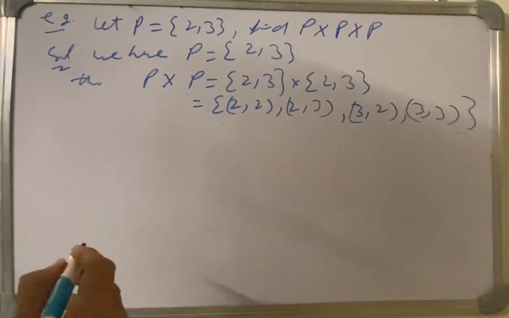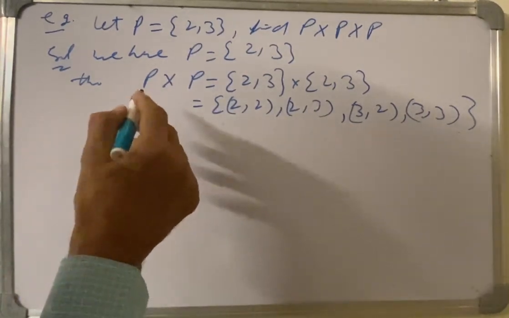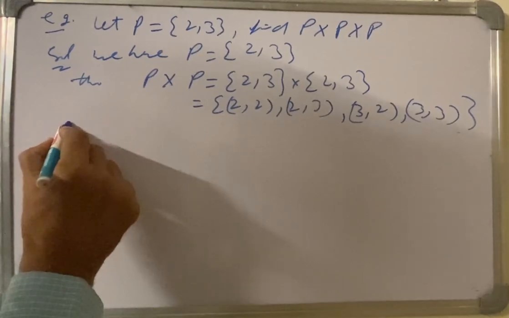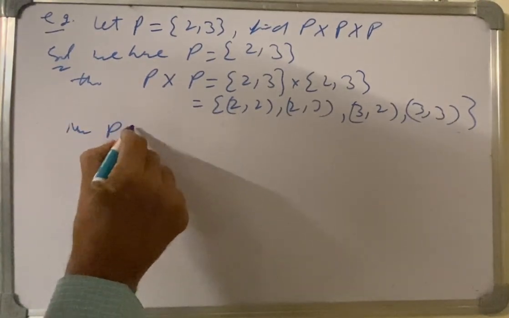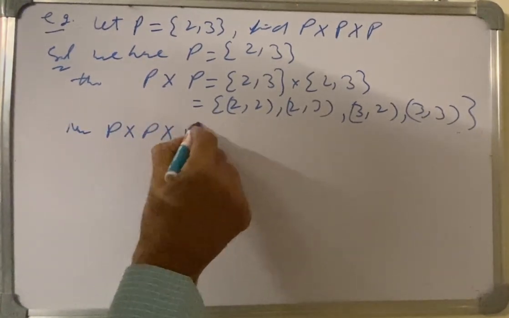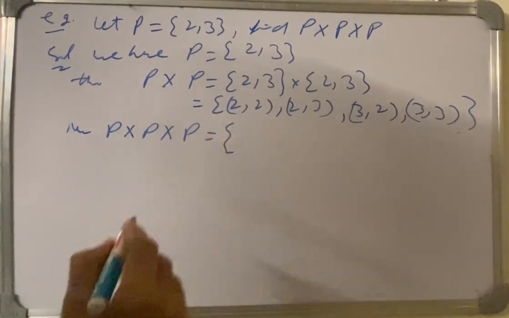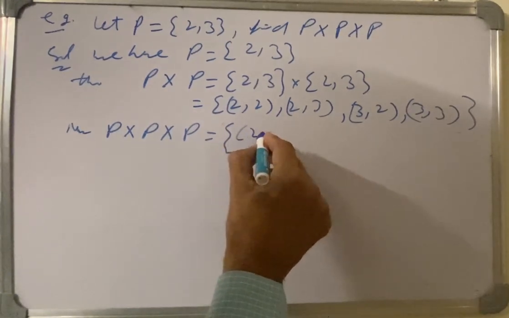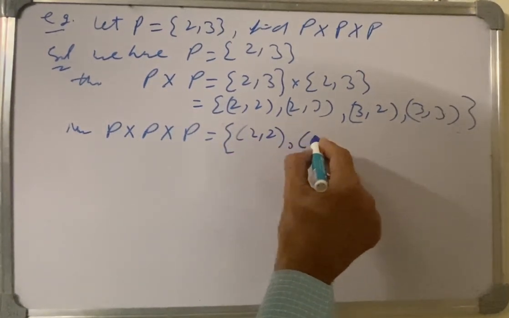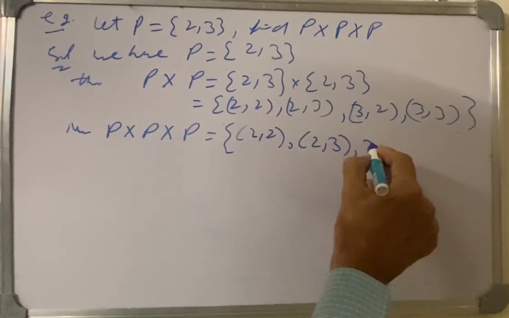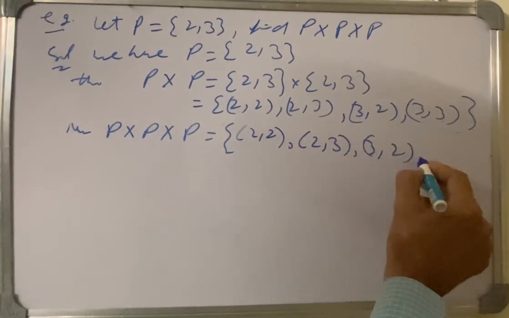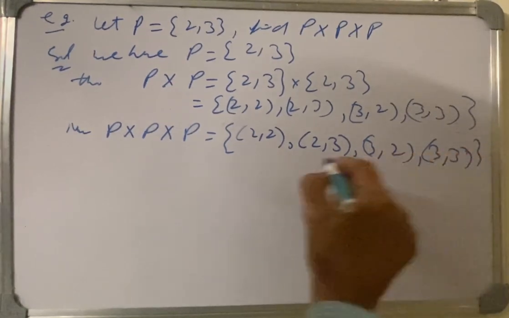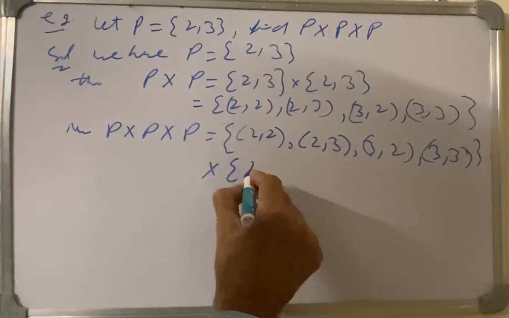Then we take the Cartesian product of P into P with P. Now, P into P is equal to {(2, 2), (2, 3), (3, 2), (3, 3)}, Cartesian product with {2, 3}.